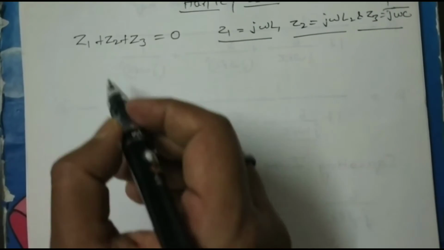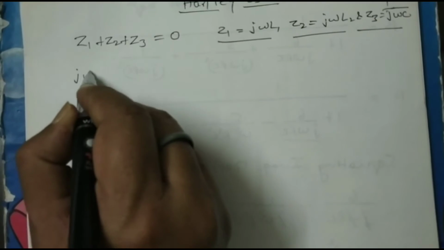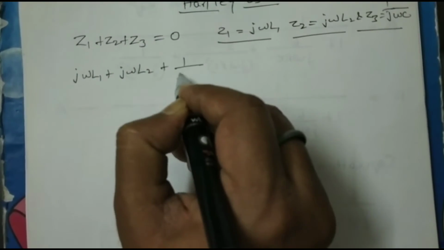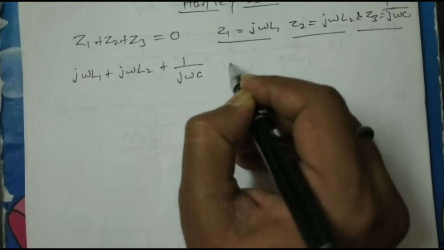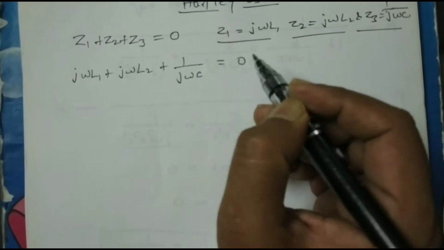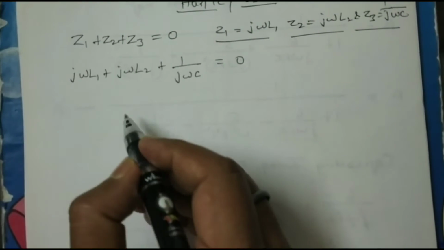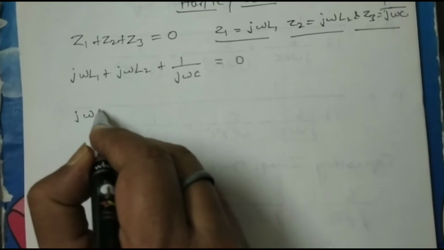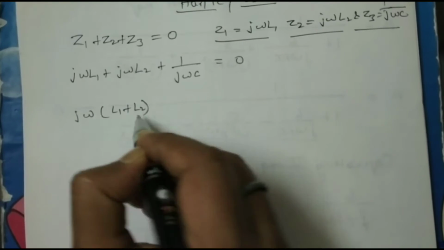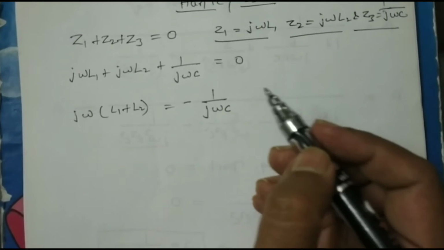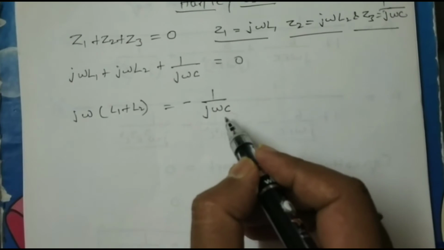Now if we substitute this condition, it will be j omega L1 plus j omega L2 plus 1 upon j omega C equals 0. Separating the inductor and capacitor, we take common j omega: L1 plus L2 equals minus of 1 upon j omega C square.